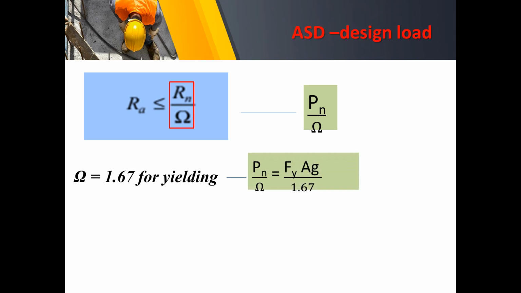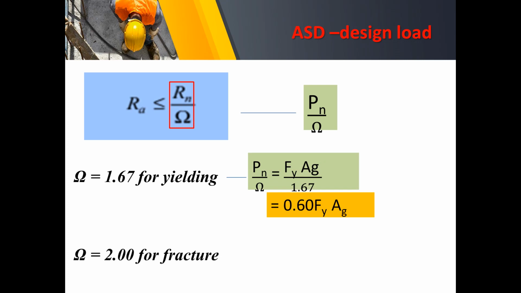Hence we can write this formula. So the ratio of Pn over omega is equal to Fy Ag over 1.67. Hence, we reciprocate 1.67, which becomes 0.6, multiplied by Fy times the gross area.